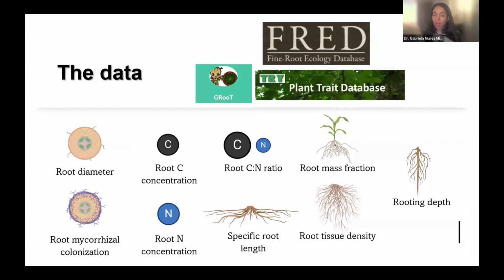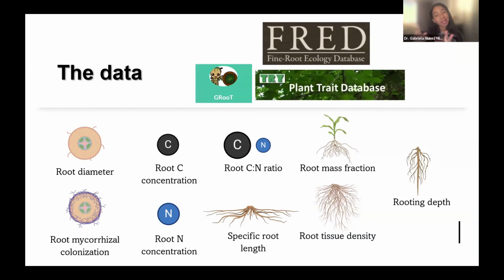And for those species, we set out to obtain root trait data. Now, with root traits, I mean everything from root diameter to root tissue density, so morphological characteristics of roots, but also some chemical characteristics of roots. We've got root carbon concentration, root nitrogen concentration, and also the ecological characteristics of roots, for example, mycorrhizal colonization intensity.